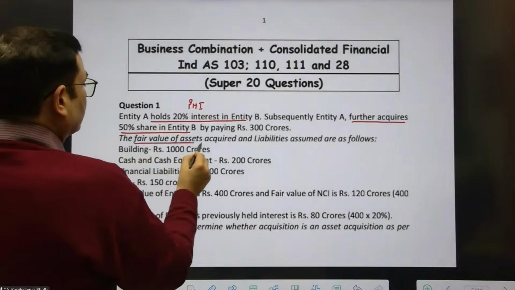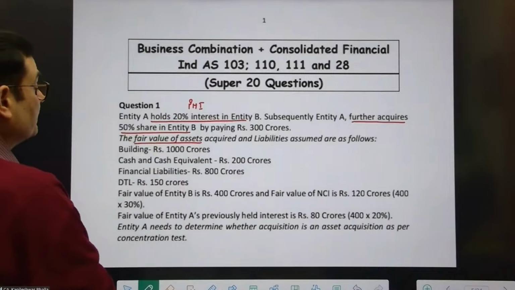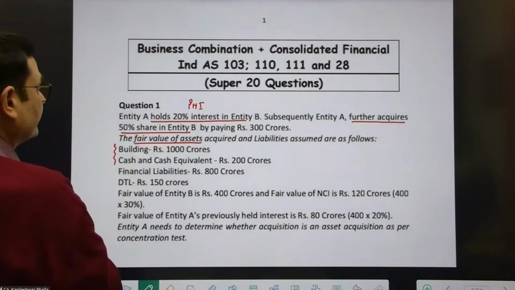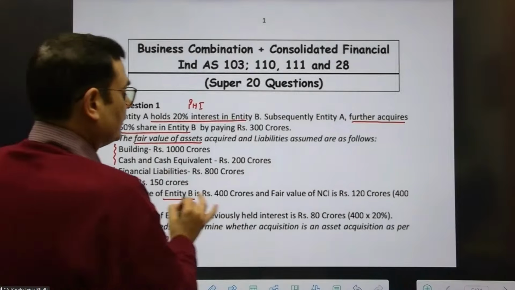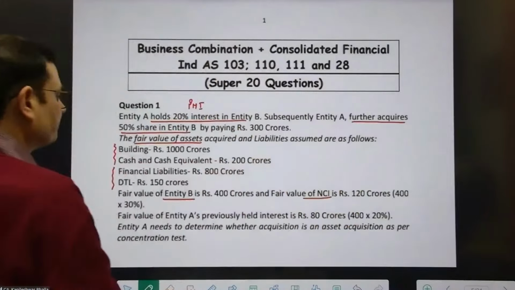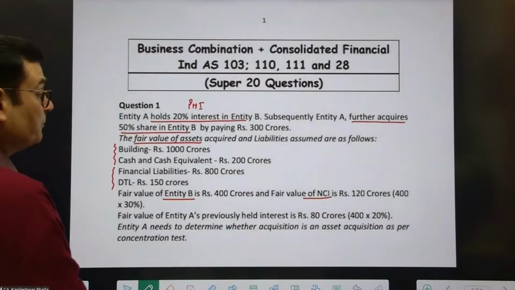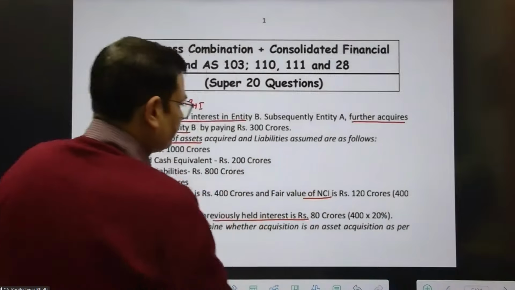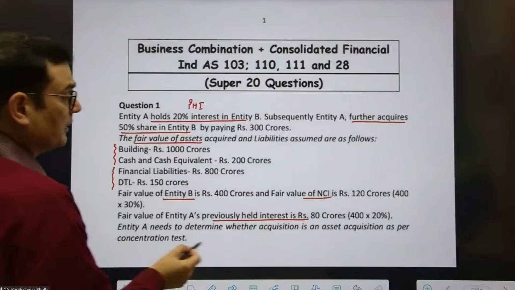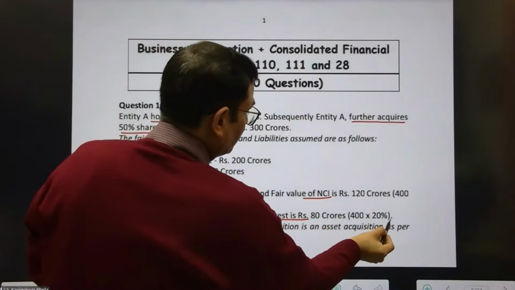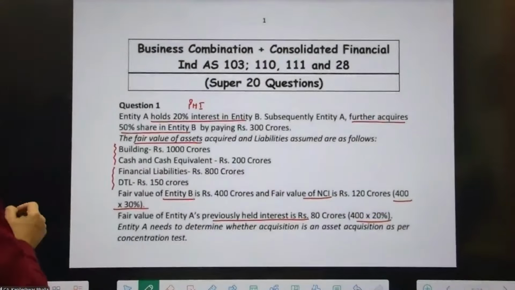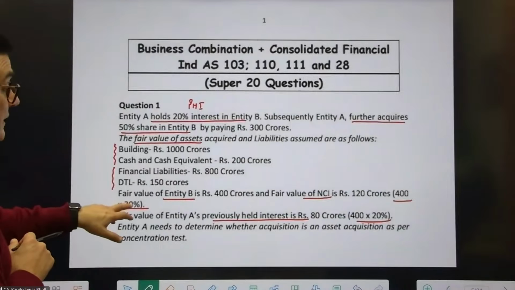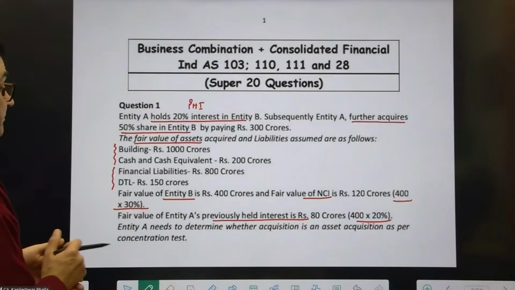The fair value of the assets acquired and the liabilities assumed is given. So these are the assets acquired and these are the liabilities. And the fair value of the entity as a whole is given. And the fair value of the NCI is given. And then it says the fair value of the PHI is also given. It's all given on a proportionate basis. 400 crores is the business value, 20% NCI. 400 crores business value, 30% is the PHI. Sorry, 30% is NCI and 20% is the PHI.